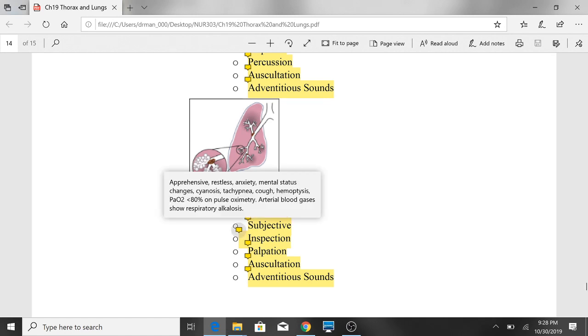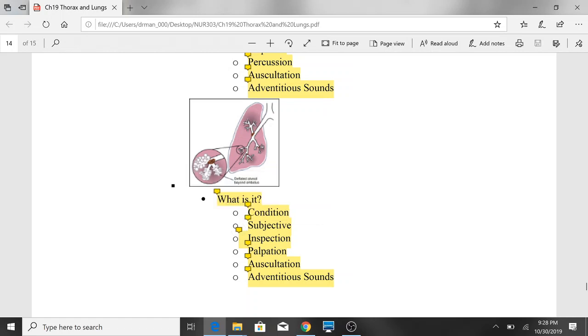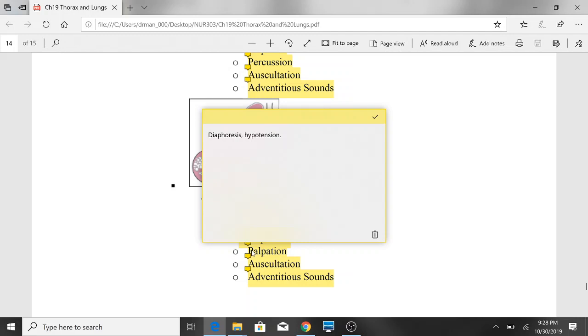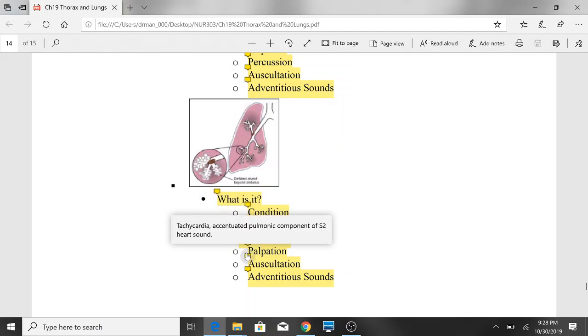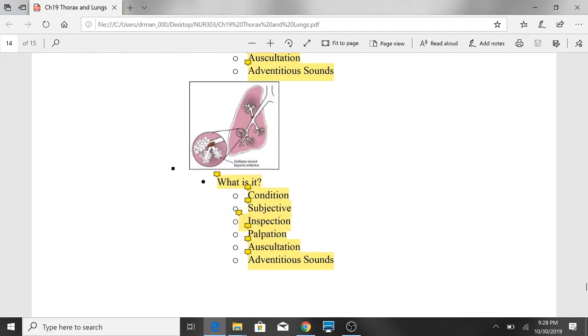Inspection: apprehensive, restlessness, anxiety, mental status changes, cyanosis, tachypnea, cough, hemoptysis, O2 status low. We palpate it: diaphoresis, hypertension. Auscultation, cardiac sounds, usually crackles and wheezes.